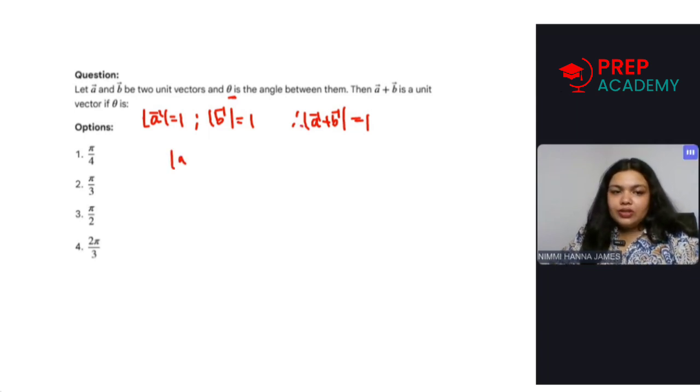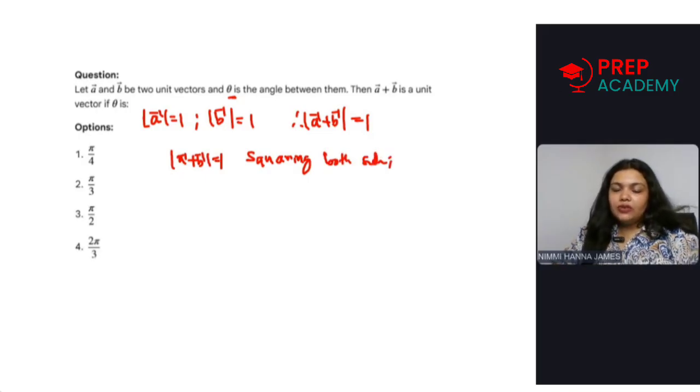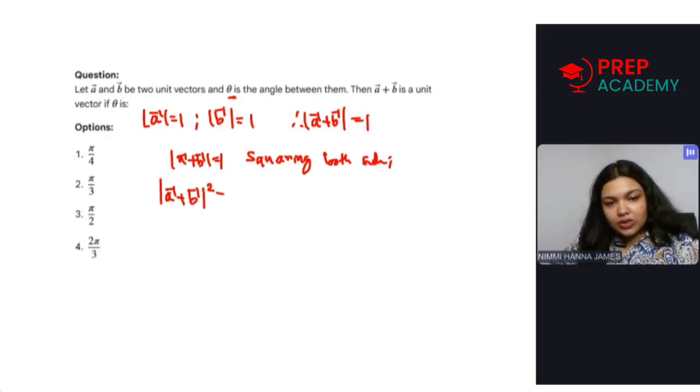We have modulus of a plus b is equal to 1, squaring both sides. Almost in all these types of questions, the first step we do is squaring. If we do squaring, we can use some formulas from the algebraic identities. So a plus b the whole square is equal to 1 square, which is 1 itself.